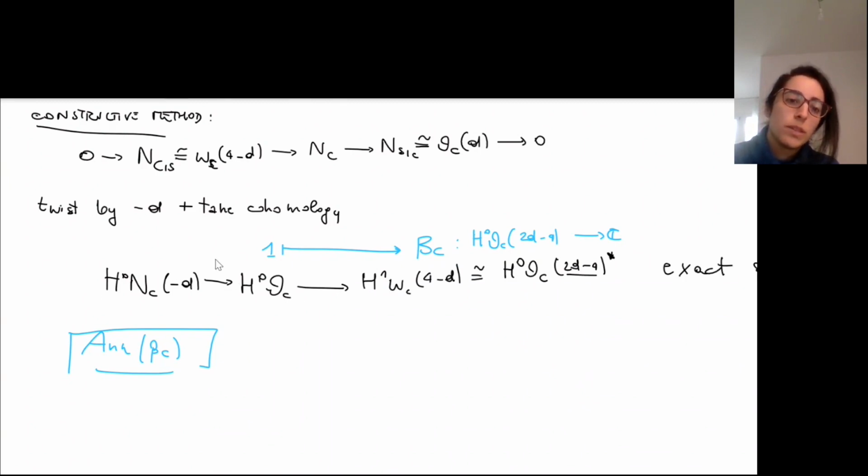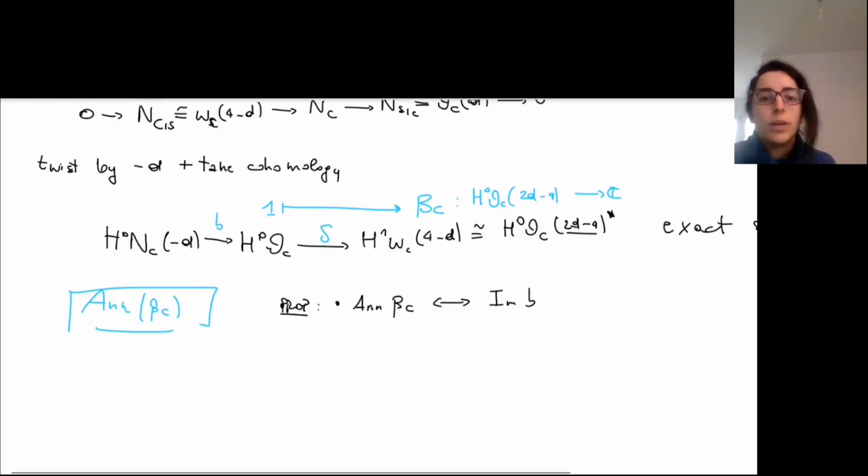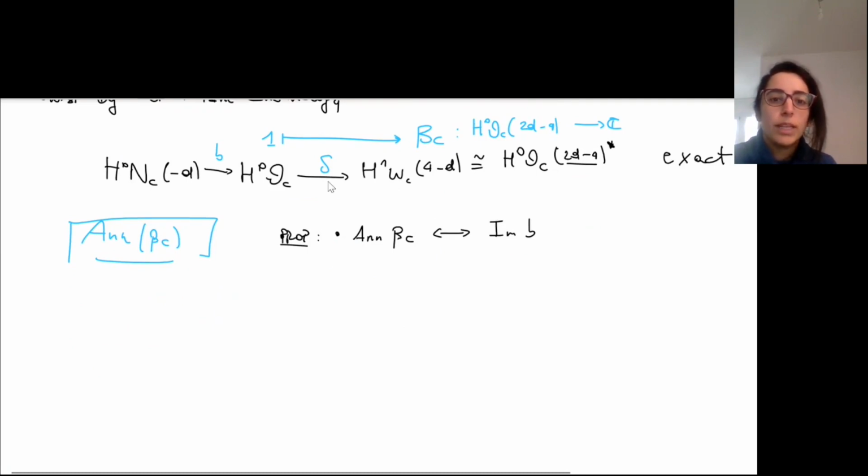Maybe I can put names. It is the image of this B here. So those are exactly the main properties that we know: the annihilator of this beta C is really related to the image of B. Maybe degree by degree, because degree by degree we can twist by a degree. Those are graded.